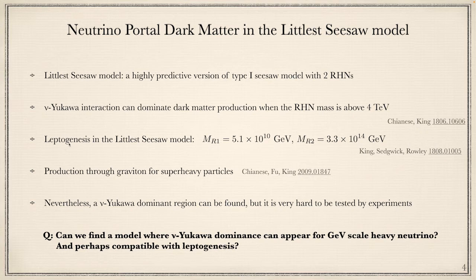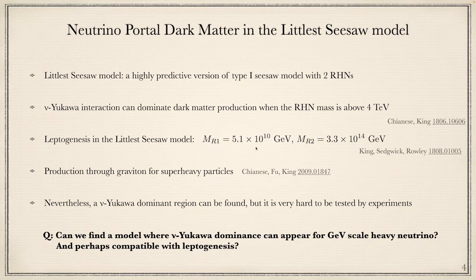But things get worse if we take leptogenesis into account. If we want to produce the correct baryon asymmetry, we need the lightest right-hand neutrino mass to be above 10 to the power 10 GeV, which is very heavy.